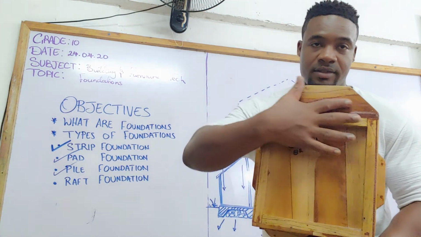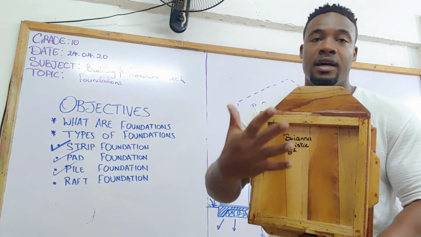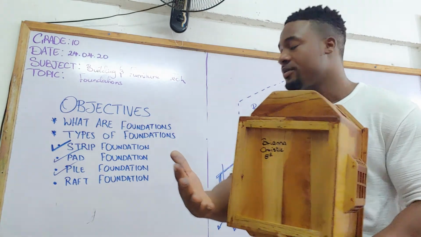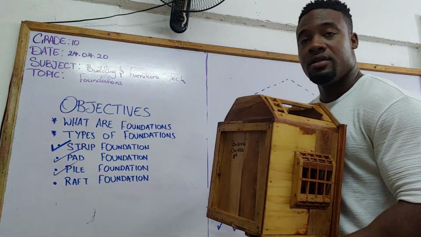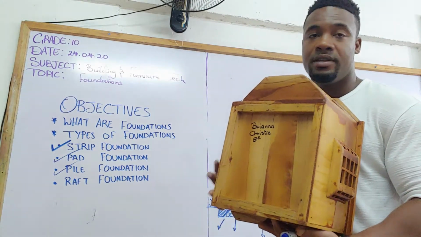So all of this would be the foundation, even though a large portion of it would be underground. But it would then in turn become the flooring member of the building just the same.